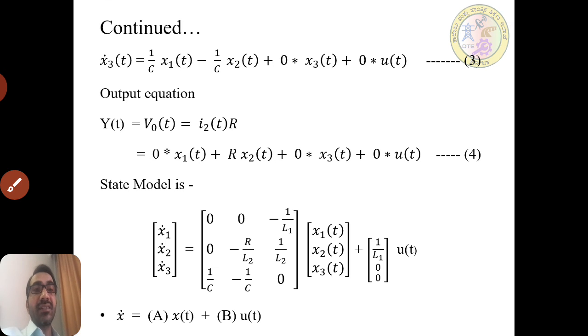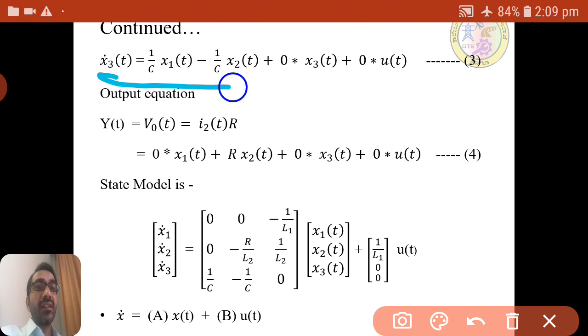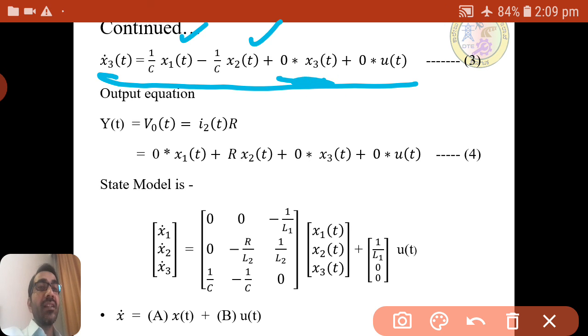Let us write this term in state equation format. So x3 dot of t is equal to 1 by c x1 of t, that is I1 is there, and I2 also is there, minus 1 by c x2 of t, and the third term is 0 and the input is not there. This will be considered as equation 3.